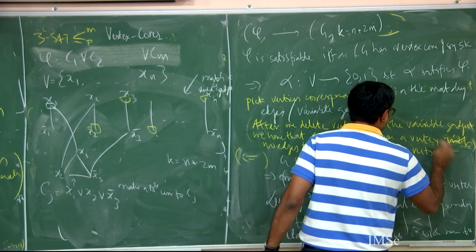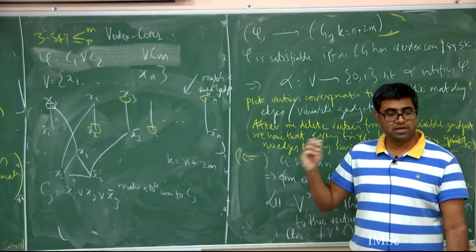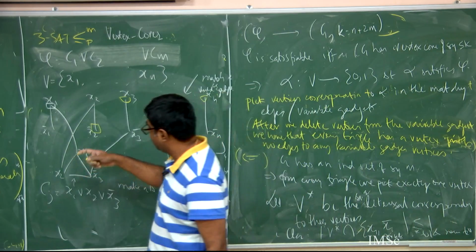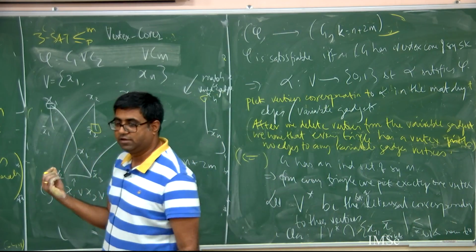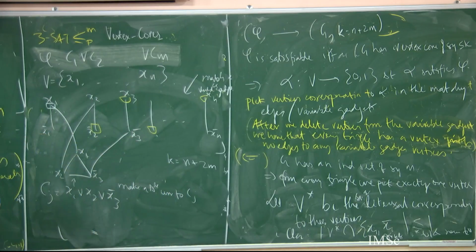This is what we showed. Once we delete this, every triangle has a vertex which does not have any edge to variable gadgets. Why? Because the guy who is setting it to be true takes care of this. Then this is fine, right? Now pick the other two.